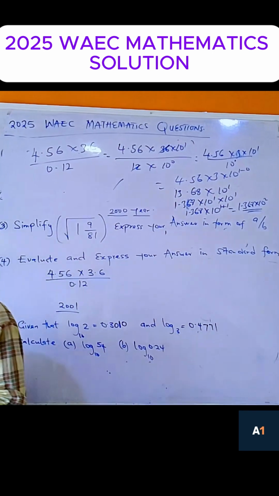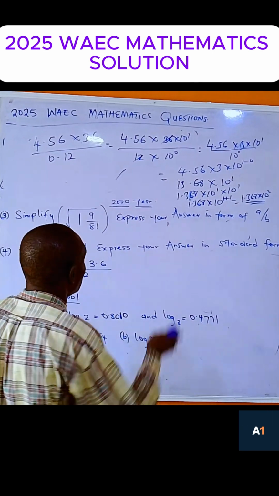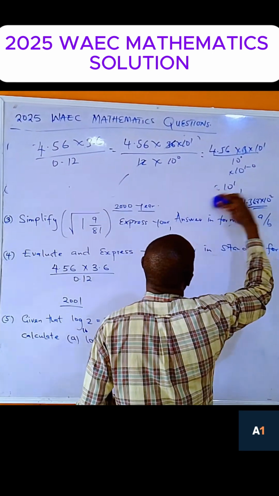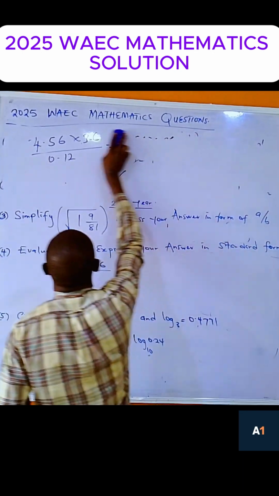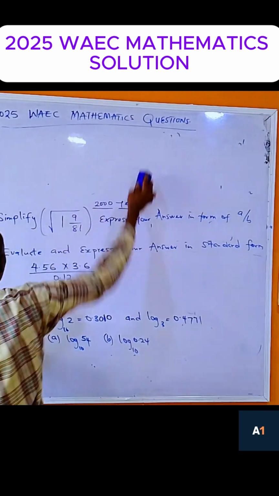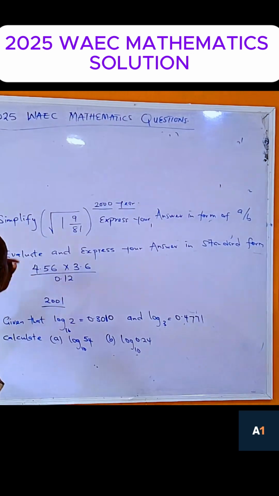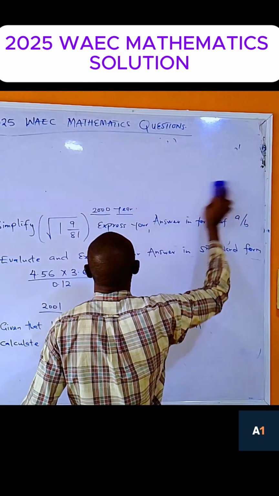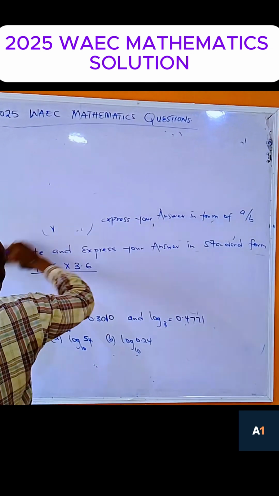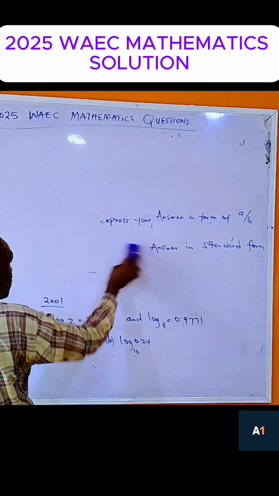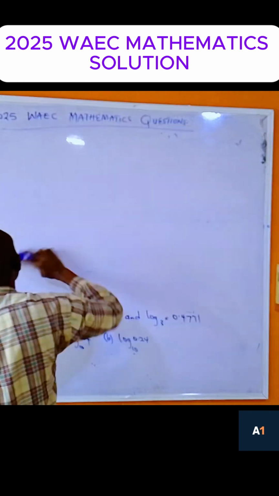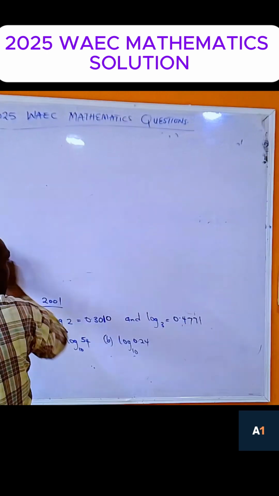So now let's move to another question. We are done with 2000, so let's move to 2001. It is still under evaluation and simplification.